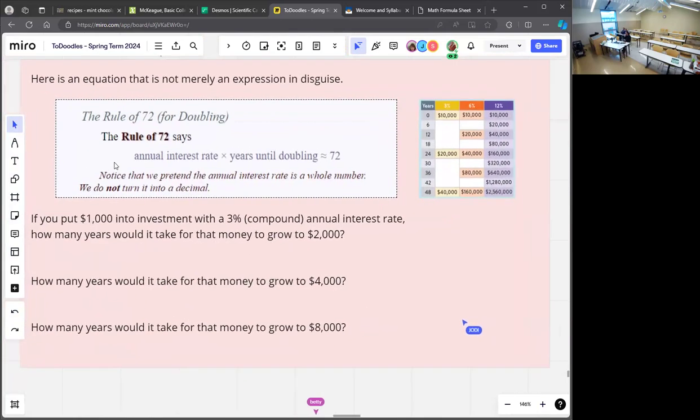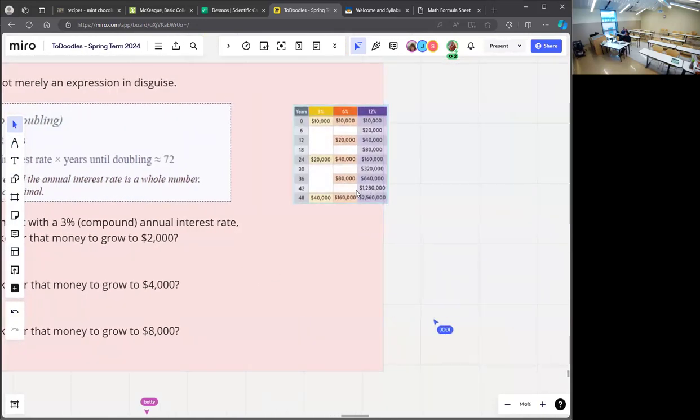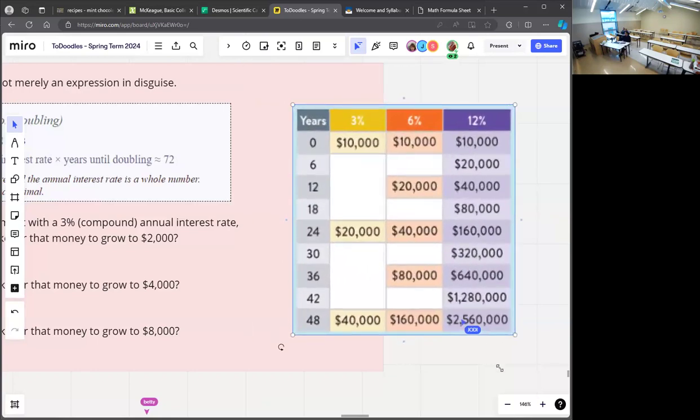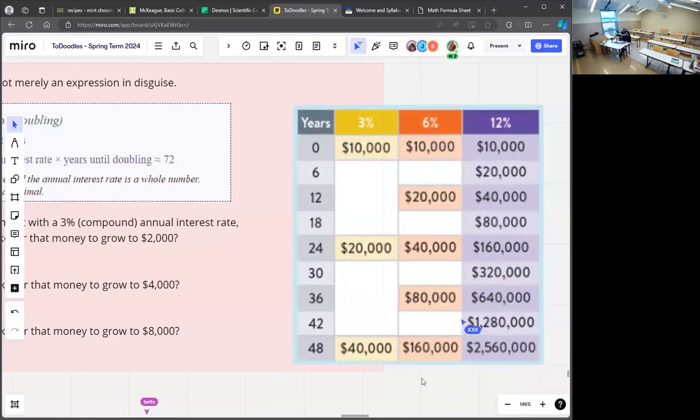If you're investing, there's a thing called the rule of 72. And it says, let me make this little picture bigger so we can see it. If I take an investment and I have a certain percent that I'm getting, like my bank account gives me 3% interest.